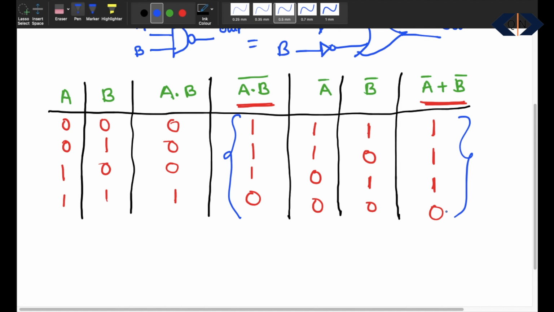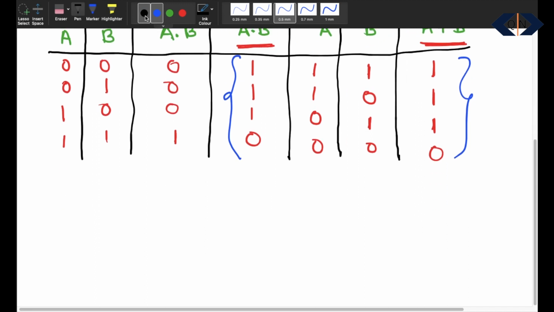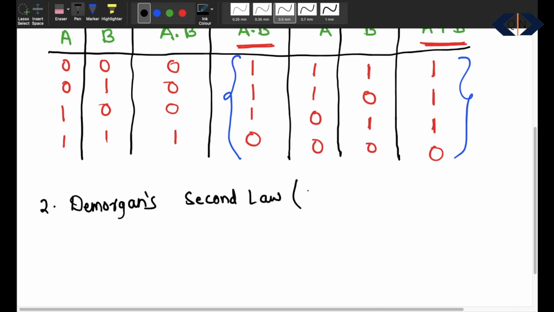So now let's move to De Morgan's second law. There is a space between De and Morgan. De Morgan's second law. This law is basically for the OR operation.